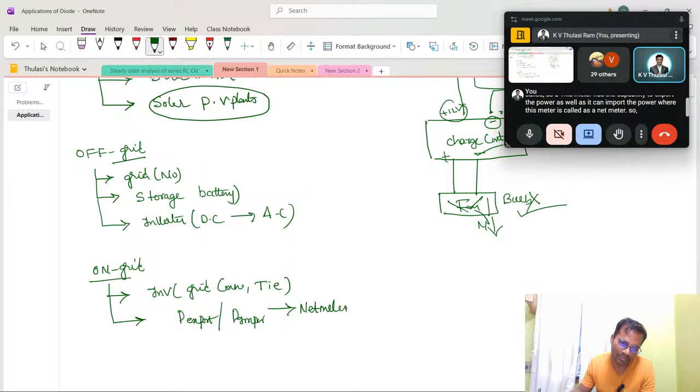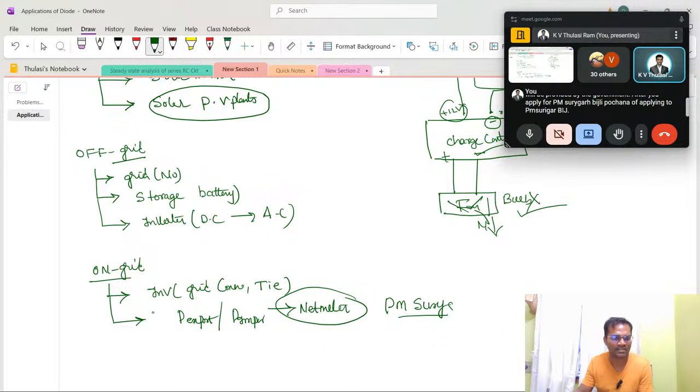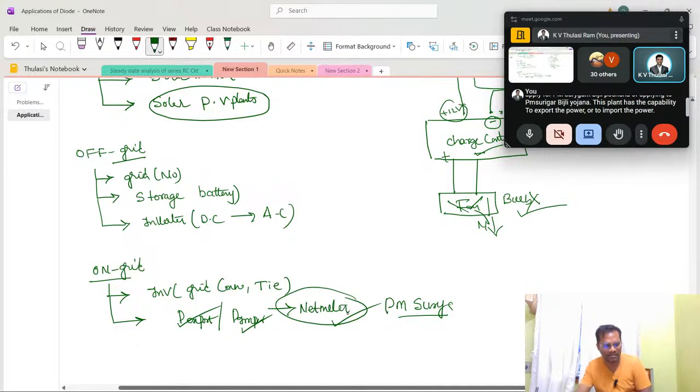This meter will be provided by the government after you apply for PM Surya Ghar Muft Bijli Yojana.